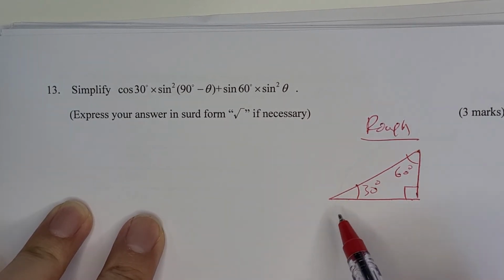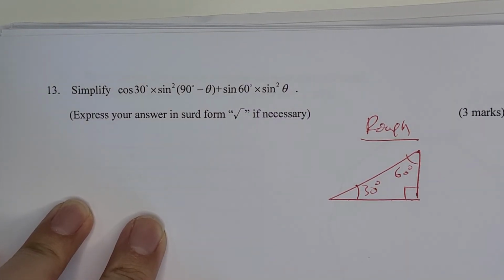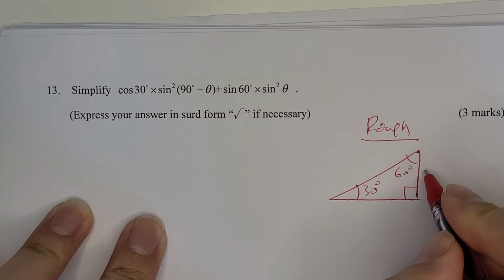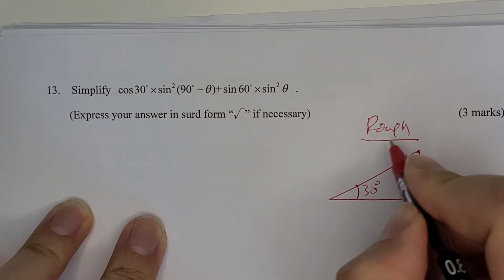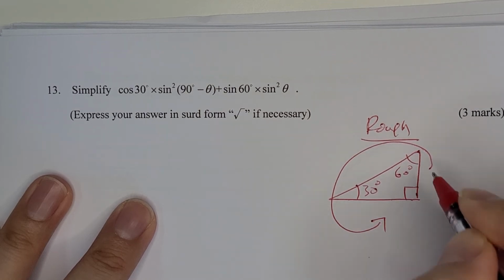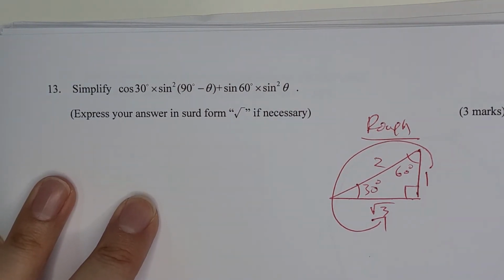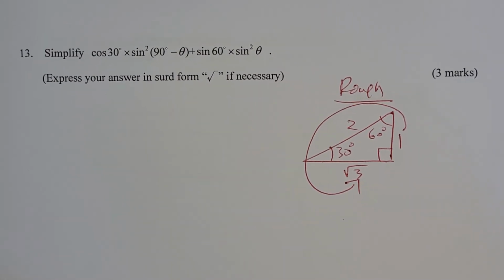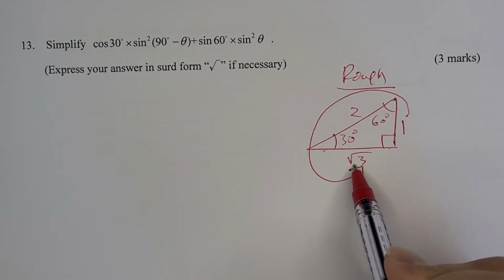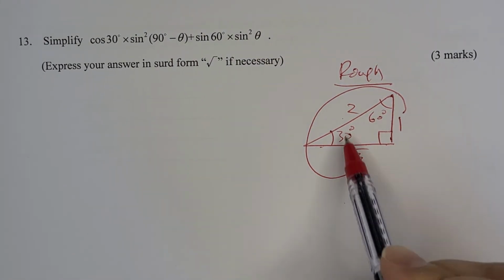The 30 degree point to the left, and you can write down some numbers from the vertical one in anti-clockwise direction: 1, 2, root 3. Then you can see cosine 30 would be square root 3 over 2.